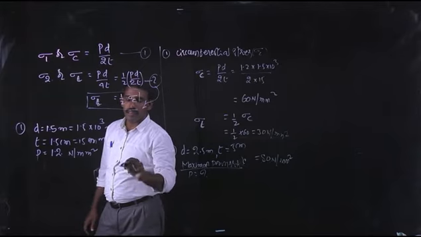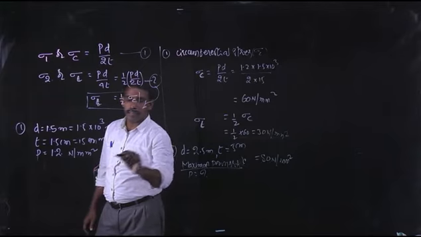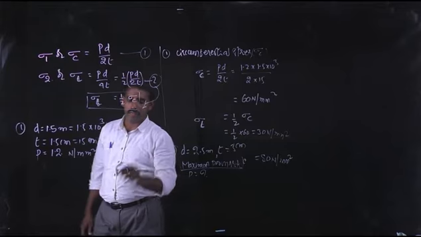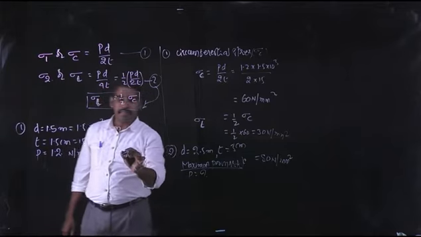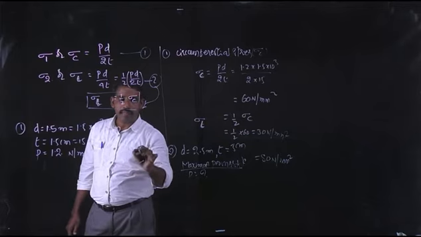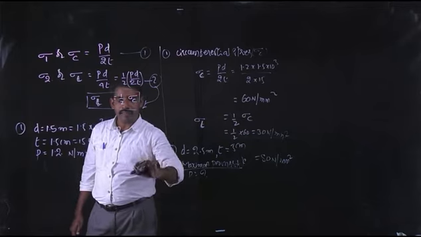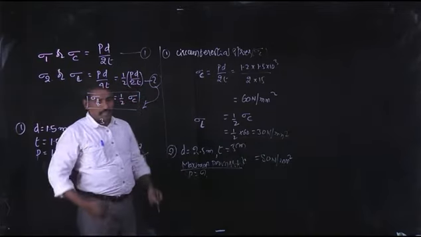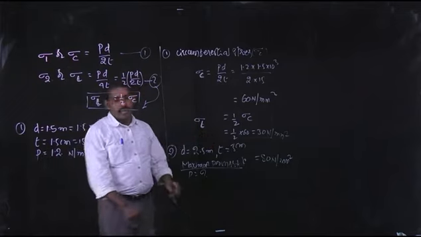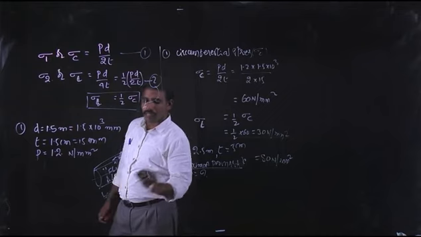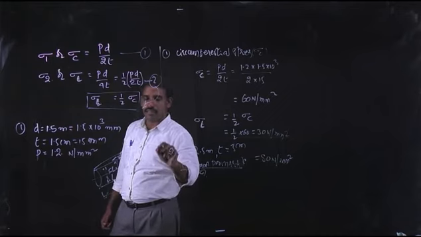If you observe, this is the stress direction longitudinally, and this is the stress circumferentially. The stress induced circumferentially is more than that of the longitudinal. Keep it in mind, the stress along the length is always less than the stress along the circumference, in the diameter direction D.